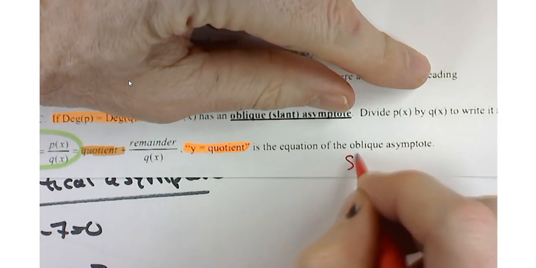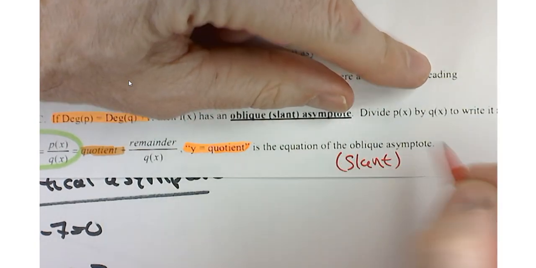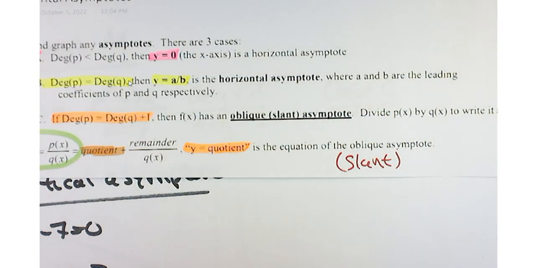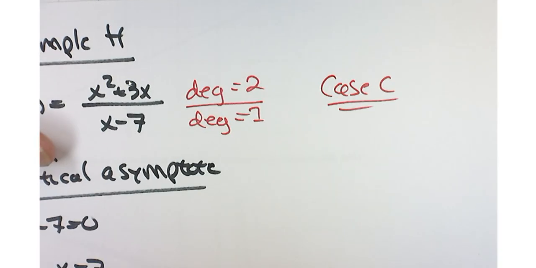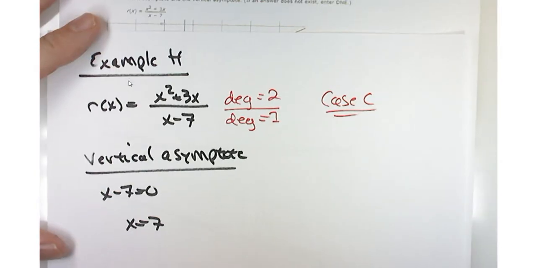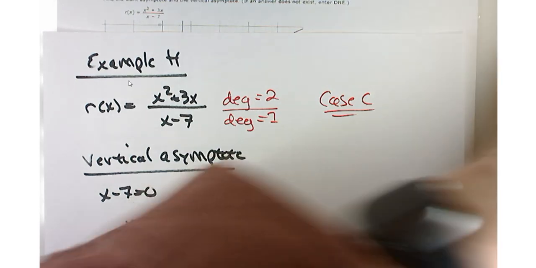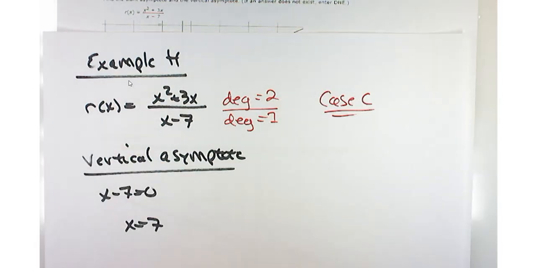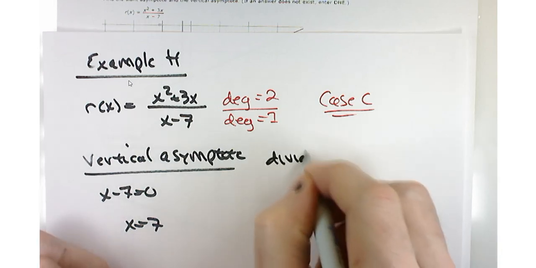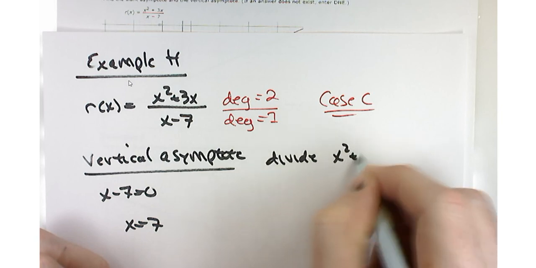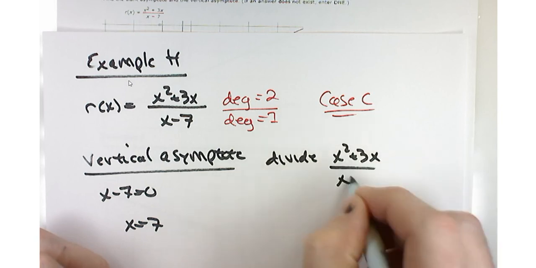Now I'll just throw in here the word slant. I think that WebAssign or the book uses that. I like oblique asymptote, but whatever. Now, as far as this is concerned, we've got to divide the numerator by the denominator, so divide x squared plus 3x by x minus 7.